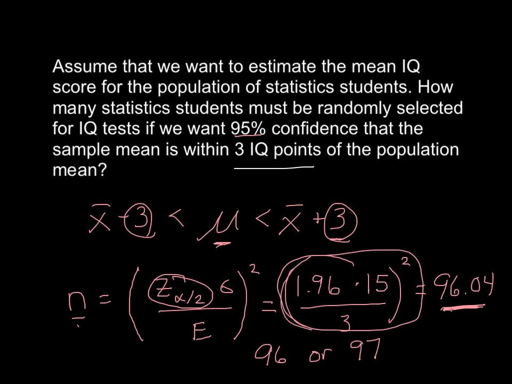So if we sample 96 people, that's not enough. So we'd have to round this up. We would need at least 97 people in our sample so that we would say with 95% confidence that the actual population mean would be within 3 points either side of our sample mean.